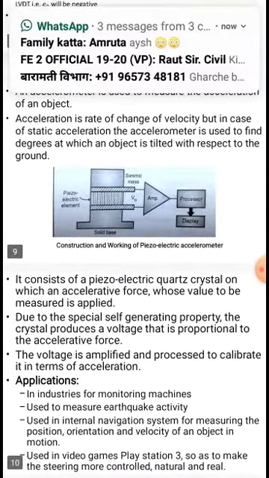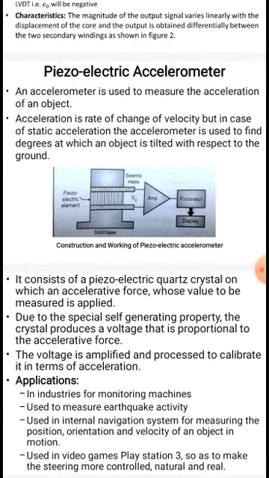The second type of motion sensor is the piezoelectric accelerometer. An accelerometer is used to measure the acceleration of an object.